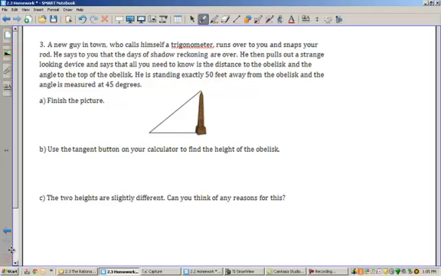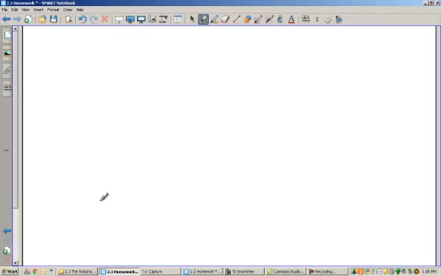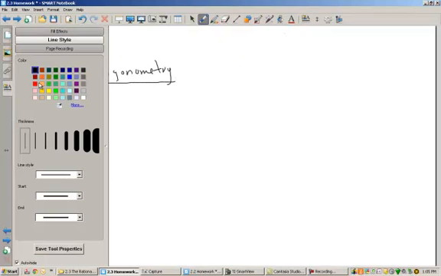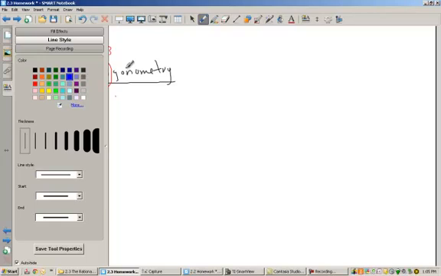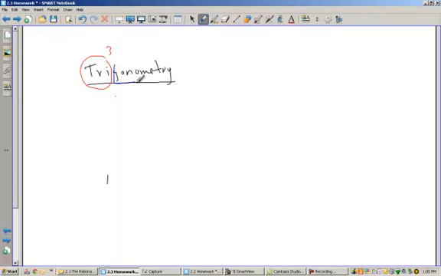So just a little spiel about trigonometry. Let's write it down here. So we want to talk about trigonometry. The name tells you exactly what's going on. In the name we have this word tri, which means 3, and then we have this word gon, which means sided.